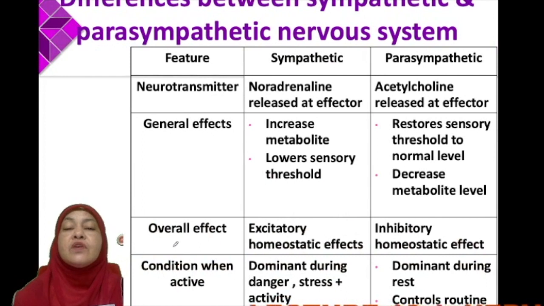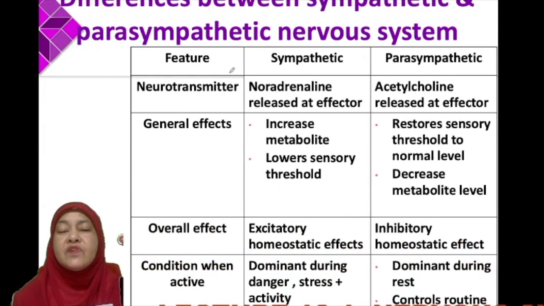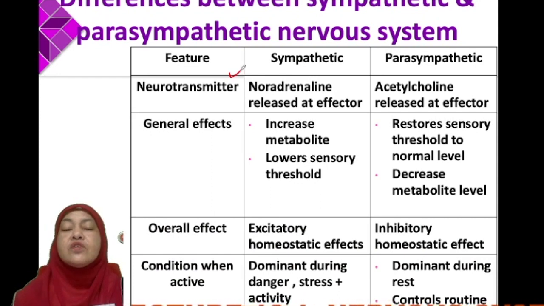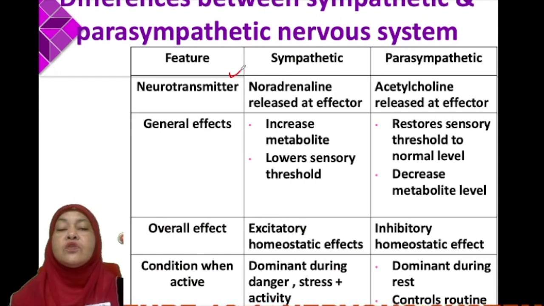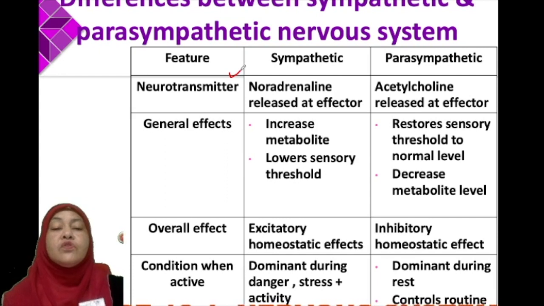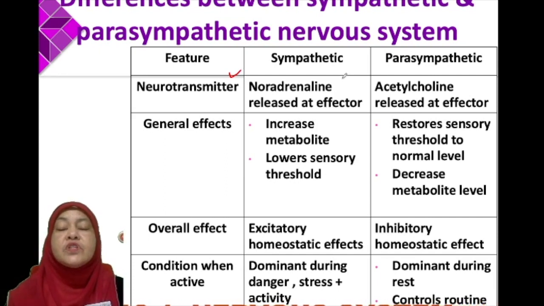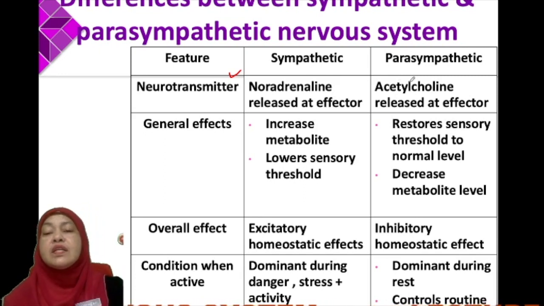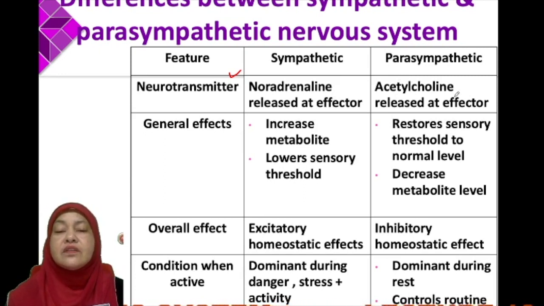And last but not least, like the teacher mentioned just now, the neurotransmitter involved is different. For the sympathetic, the neurotransmitter involved is noradrenaline, released at the effector, whereas for the parasympathetic, acetylcholine is released at the effector. And what is the general effect, class?